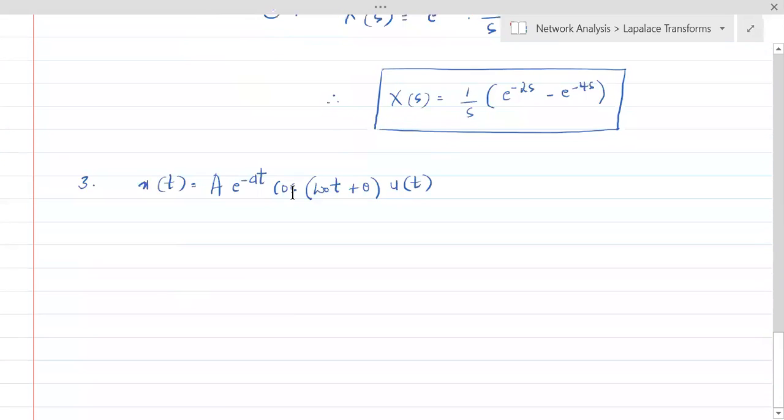Before going into further details, let's express this cos omega naught t plus theta in the required form. For that we need to know this. Everybody take this in the solution.